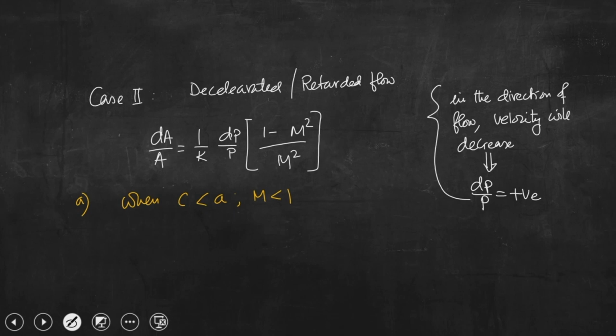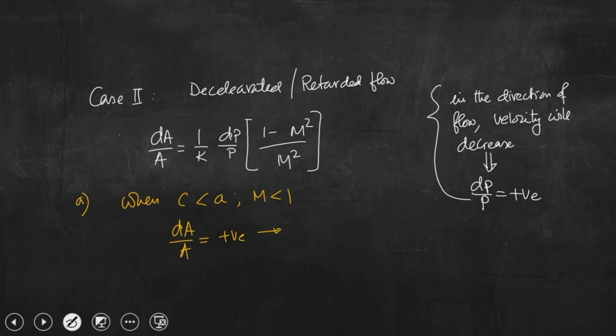Now, dP by P is positive, as we can see. So, when M is less than 1, this is positive, and dP by P is also positive, so it implies that dA by A is positive.